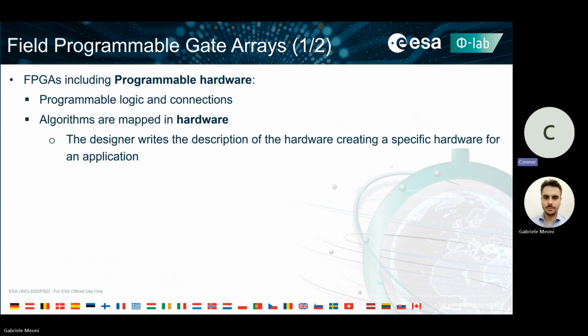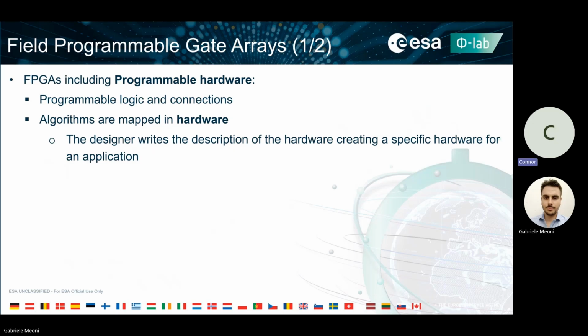You might have heard of FPGAs, or field programmable gate arrays. Have you heard of them? No. Okay, I will tell you. So these are programmable devices in the sense of the hardware. With a microcontroller, the hardware is the same, and you change the software. Here, what you're going to do, you're going to change the hardware depending on your own application.